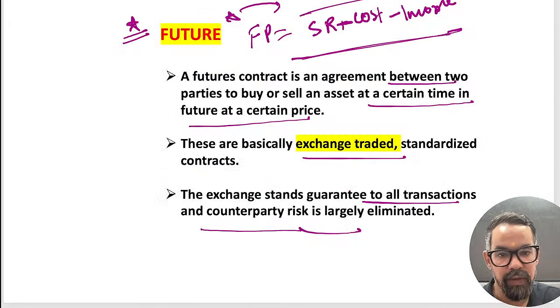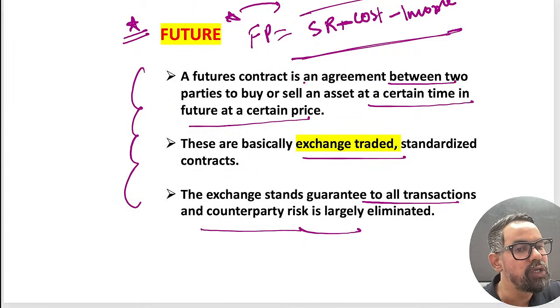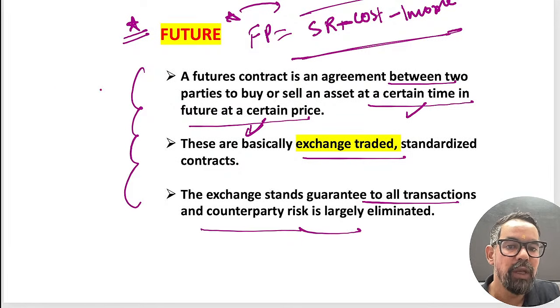A future contract is an agreement between two parties to buy or sell an asset at a certain time in future. Let's say currency future, USD INR.